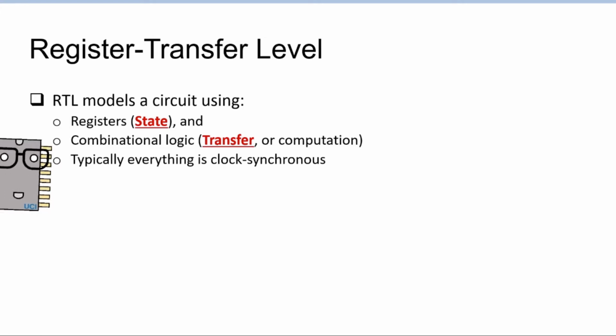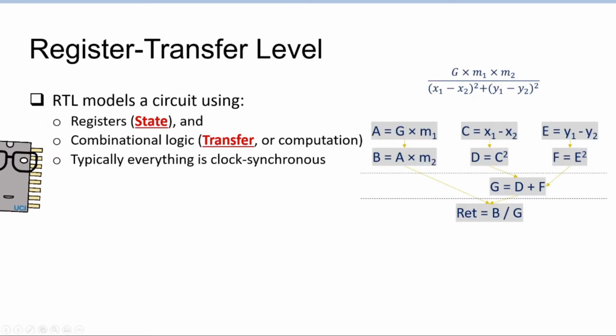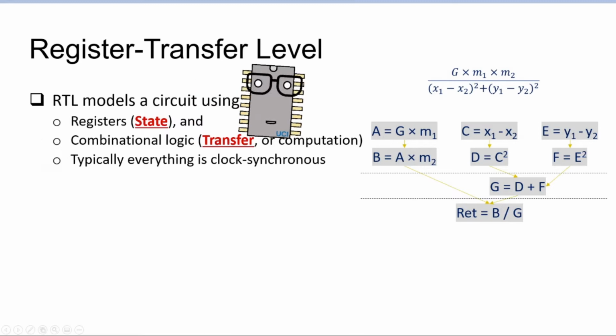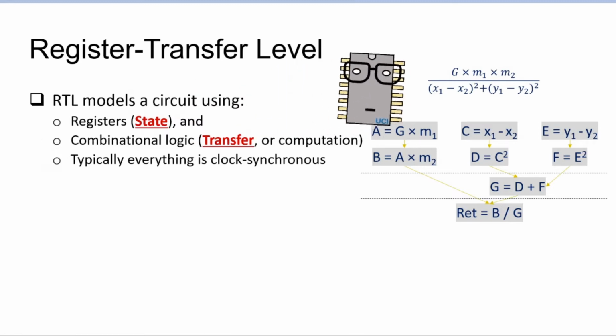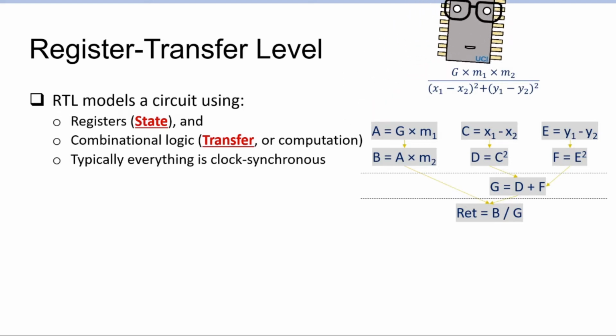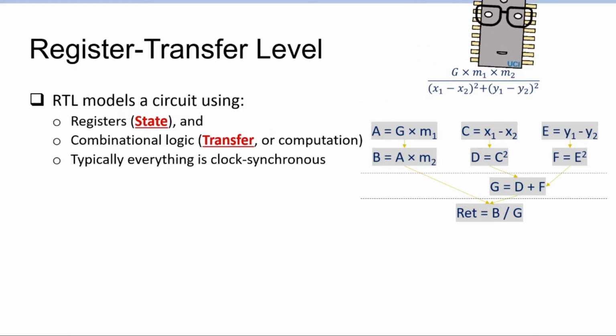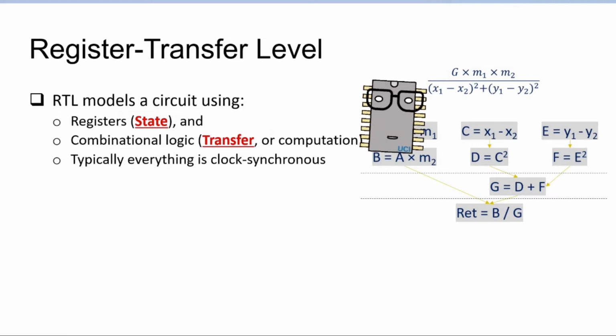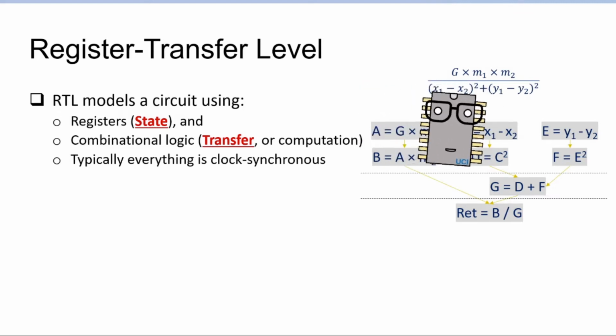If you were to design an actual accelerator at this kind of abstraction, it might look like this. Here's an example we looked at in the previous lecture: calculating the gravitational force between two particles, with masses m1 and m2 and xy coordinates x1, y1 and x2, y2.